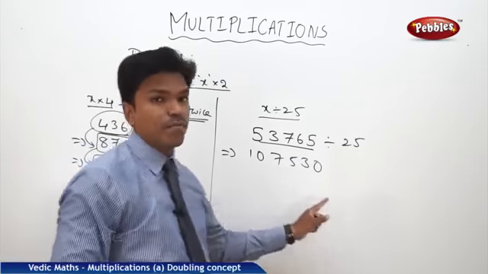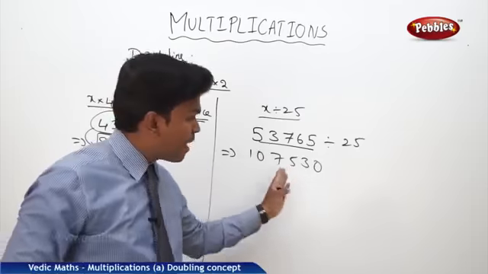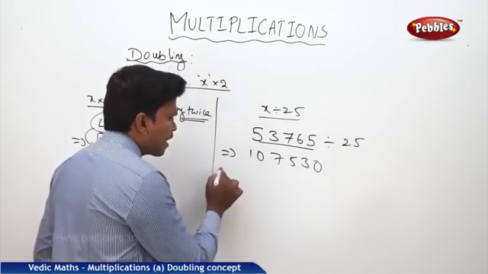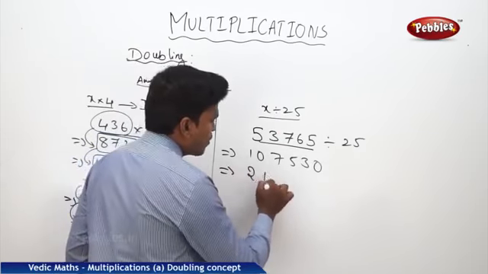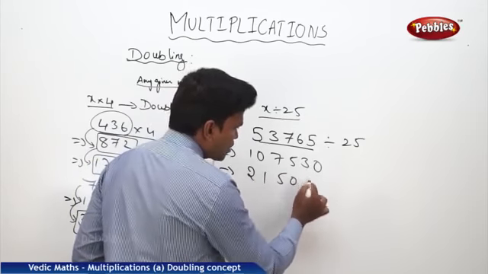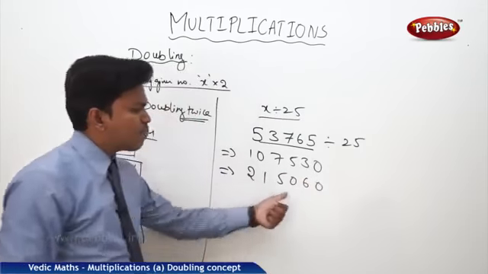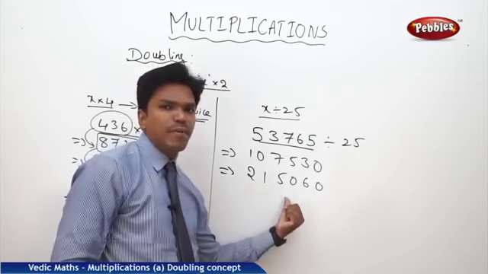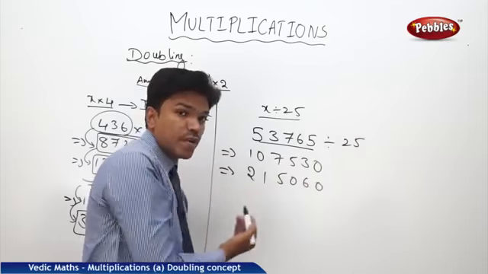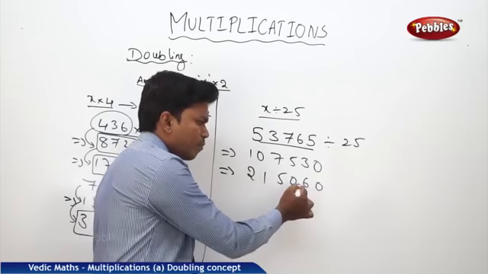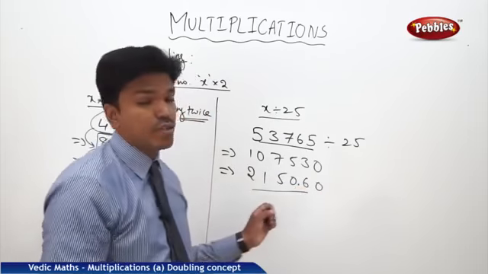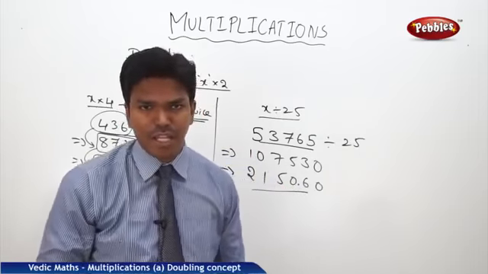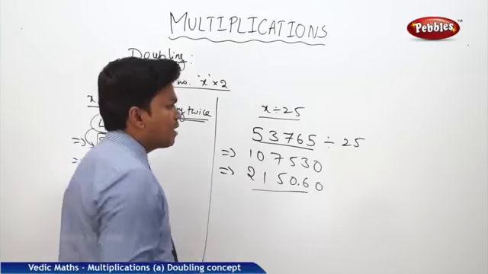This is the first time doubling, but this is not my answer. Again make this number double. 215060. This is my second time doubling. Now after getting the second time doubling, put a decimal point after 2 digits from right. So the answer is 2150.60.